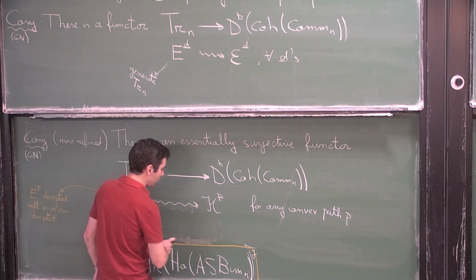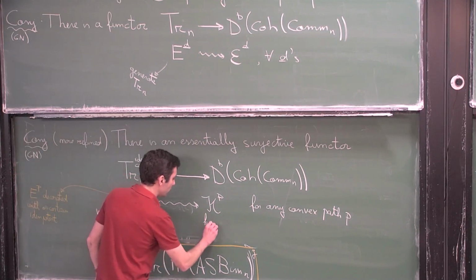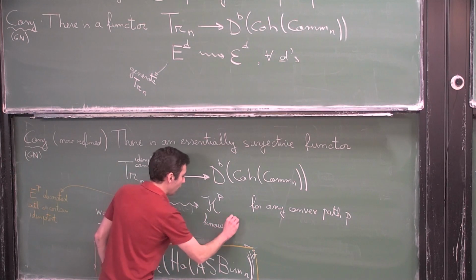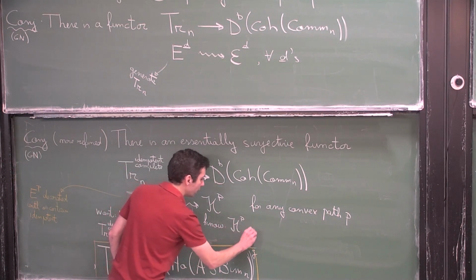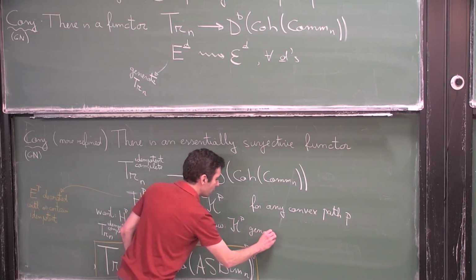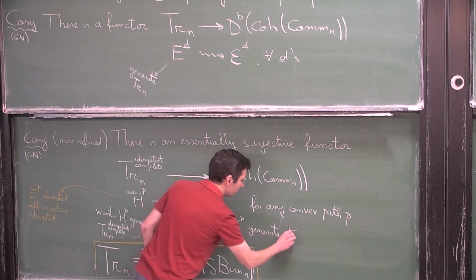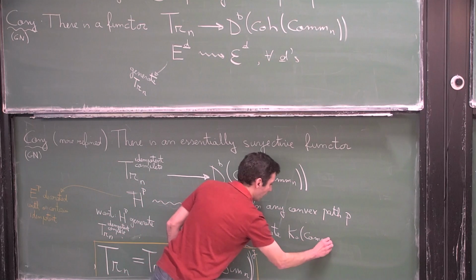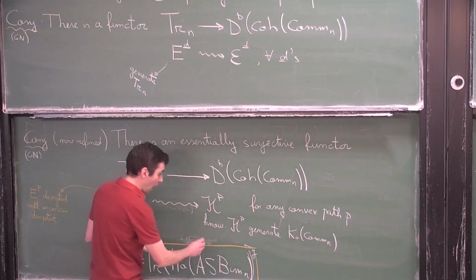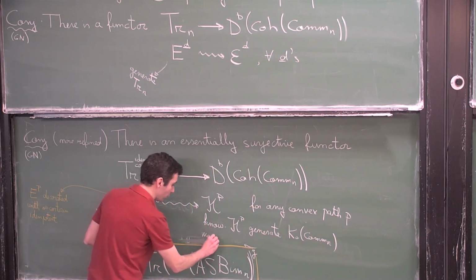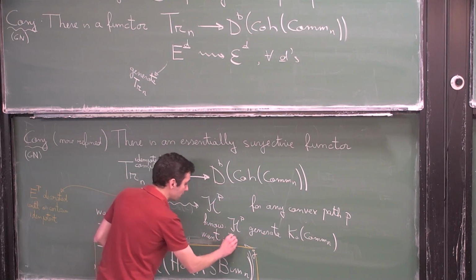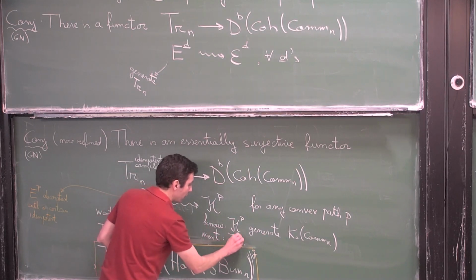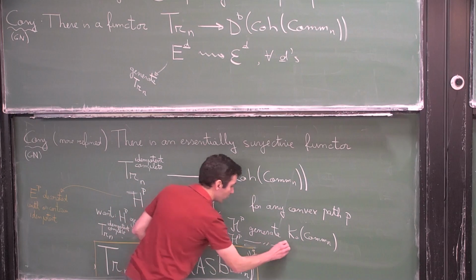And one of the few things we know is that the H_P generate the K theory of Com n. So they generate K naught of Com n. And it is a sensible conjecture to make, but we don't know how to prove it. It is a sensible expectation that the H_P also generate the derived category.